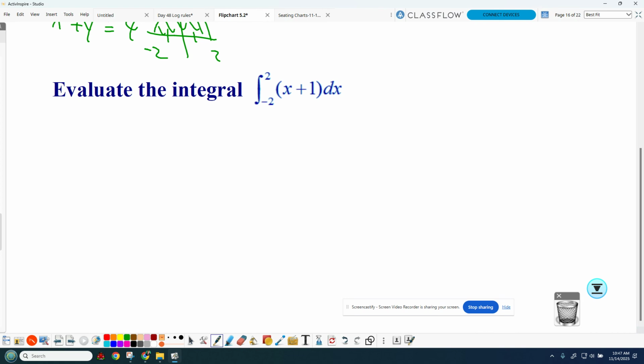So, y-intercept of +1, x-intercept of -1. So now, like that.